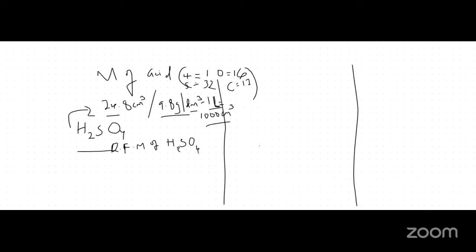Do I have to do the RFM for this one? I think you can do that. There we go. Of course I'll do it for the sake of the new students only. But now Maura and Monica, I think you can solve that one, and then you give me the value.